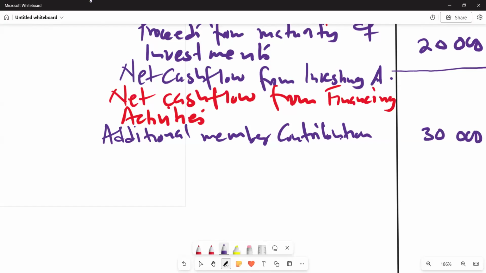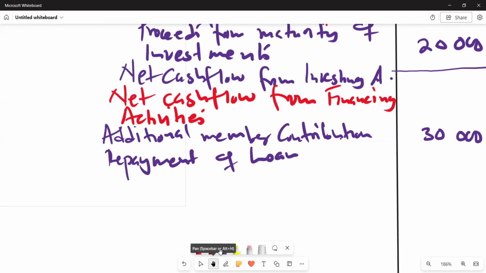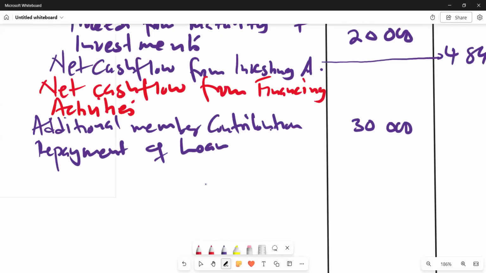And then we have also repayment of loan from members, or just decrease in loan. The figure that we are getting there is a negative, which we indicate as negative 598,508.